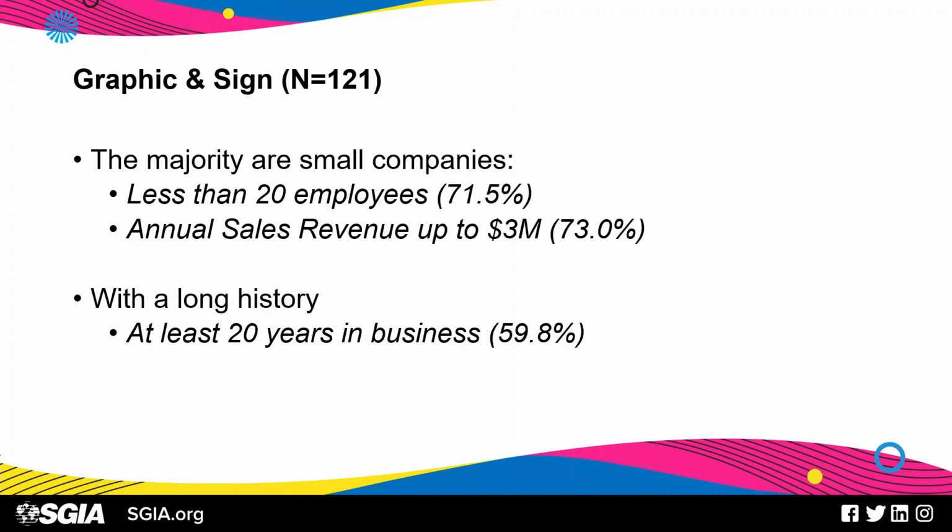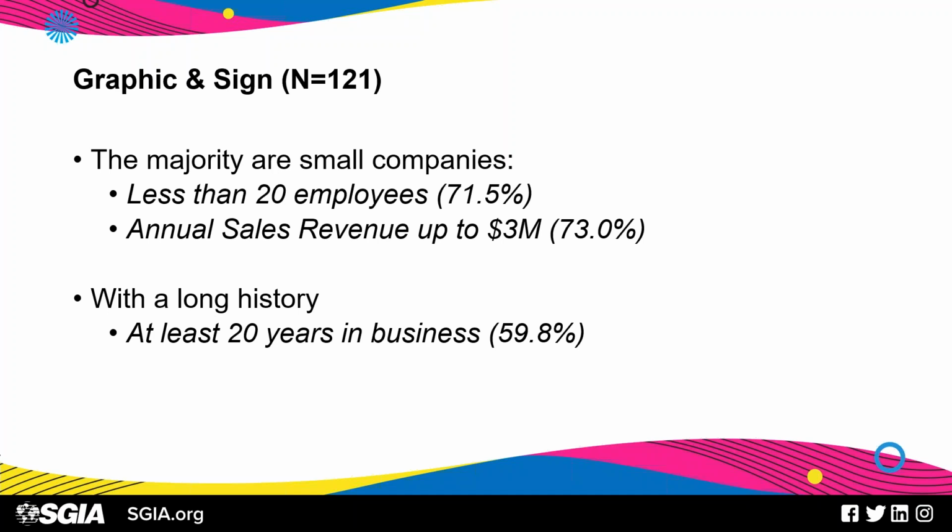The first segment I will talk about is graphic and sign. We got 121 responses, and we will go through the highlights of the survey. The full report will be available online in May 2019. The main highlights are here. The majority of the companies are small, with fewer than 20 employees, representing 71.5% of the respondents.